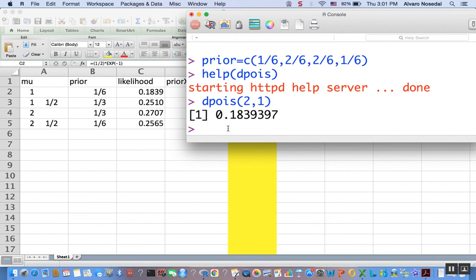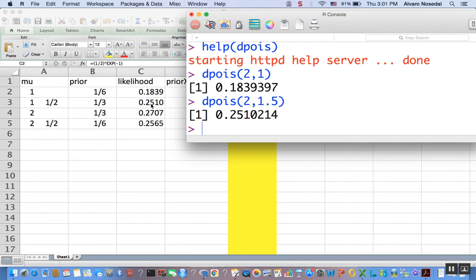So there you are. We could do the same with the next value, which is 1.5, and then it's going to give you this one. But the thing is, we can do this for a vector. So let's try and do that for a vector. We want to evaluate the probability mass function of a Poisson at 2, but for 4 different values, namely 1, 1.5, 2, and 2.5.